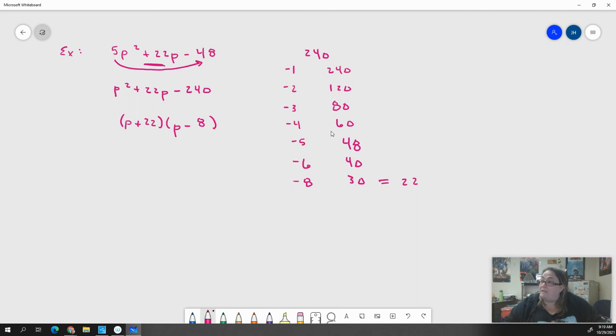Now we have to divide that 5 back out. So here I'd have 8 divided by 5, and here I'd have 22 divided by 5. That feels wrong to me.